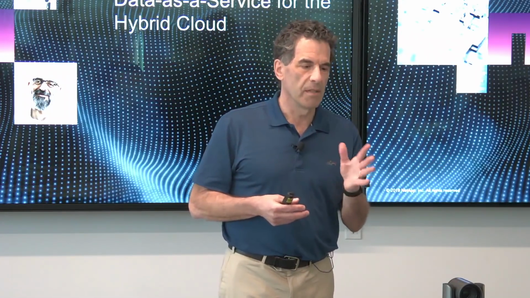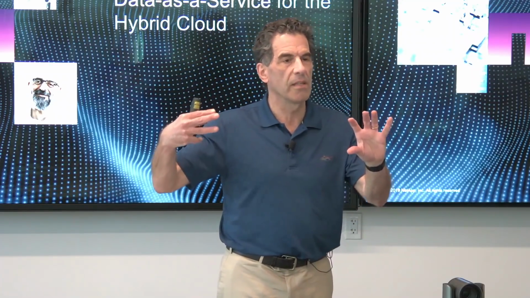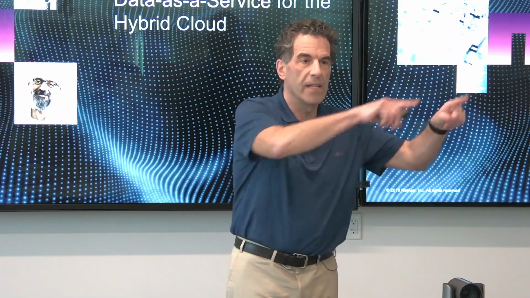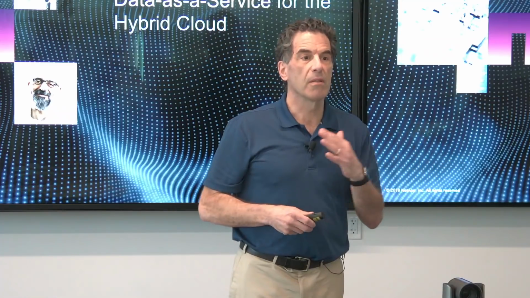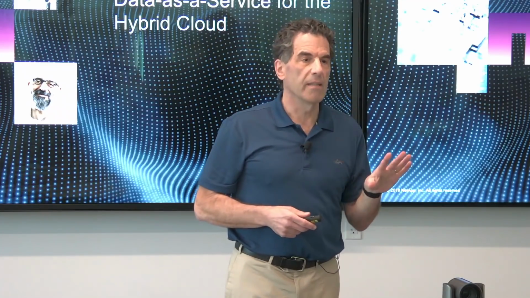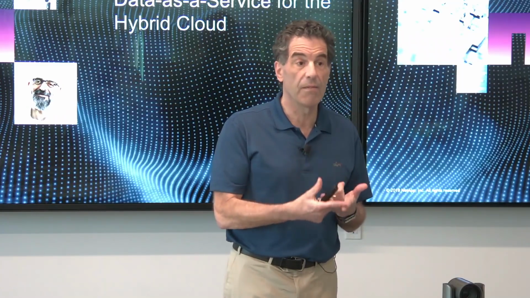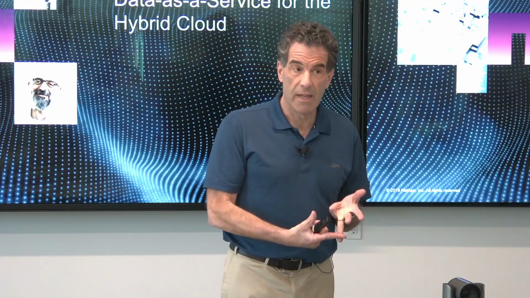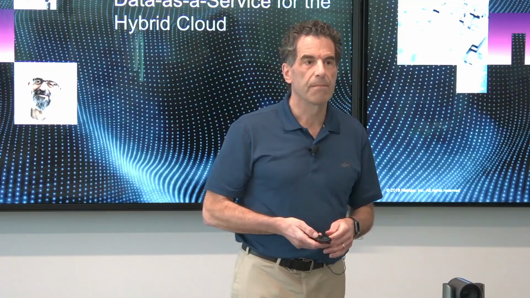For example, the ONTAP instance that's paired with AWS has to be 9.5, and then the fan-in relationships to that 9.5 system have to be 9.3 or later. Assuming that's the case, any ONTAP system, whether it's an AFF system, a FAS system, Cloud ONTAP, or ONTAP Select, will work just fine.